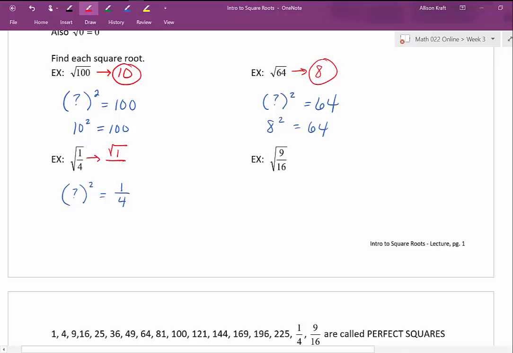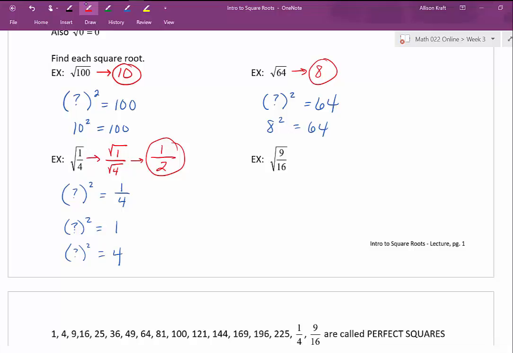So we can do the square root of 1 over the square root of 4. What number raised to the second power is equal to 1? 1. And what number raised to the second power is equal to 4? 2. So the square root of 1/4 is 1/2.